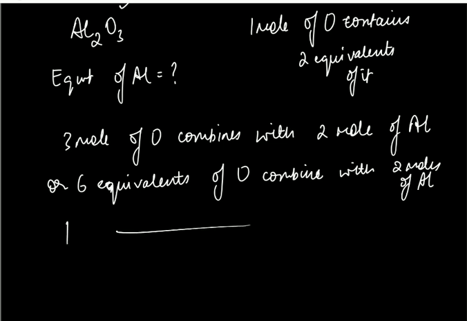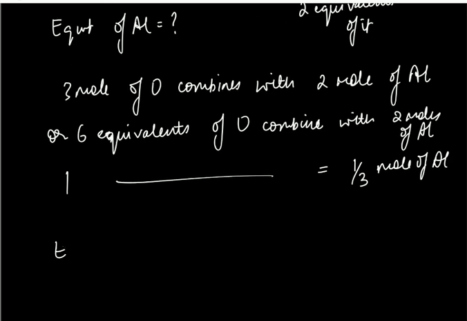If you want to take just 1 equivalent, it will combine with 1 by 3 mole of aluminium. So if we want to calculate equivalent weight of aluminium, this will be 1 by 3 into 27, that is the mass of aluminium, so this will be 9 gram.